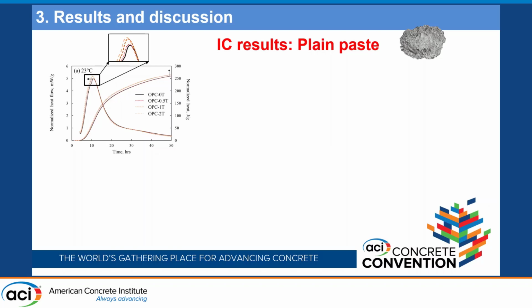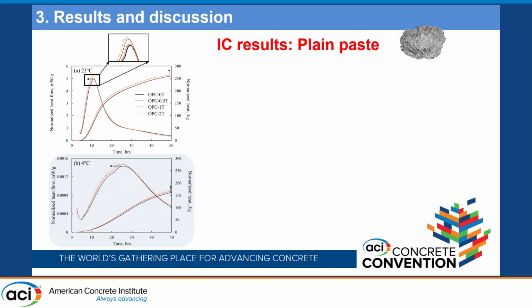The general trend is that as we increase the amount of nano titanium dioxide, we are increasing the height of the peak, and we are shifting it to the left, meaning that we have a higher heat output and it happens earlier. So there is some acceleration of hydration, which confirms the data from TGA that I showed you before.